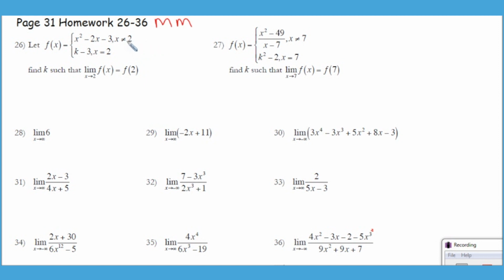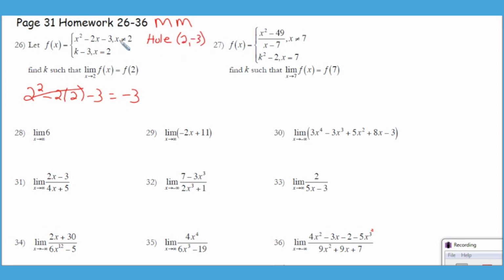So what you need to do is figure out where the point is. So actually plug 2 in. And I think it's -3, yeah. And so the hole in this parabola, because that's what they're making, is at 2, -3.